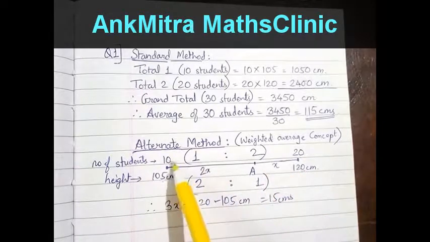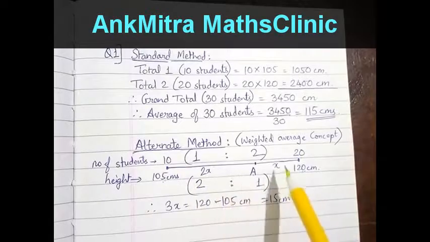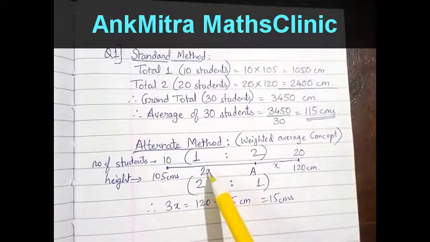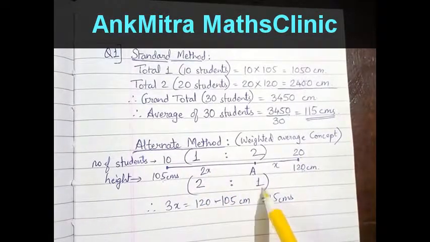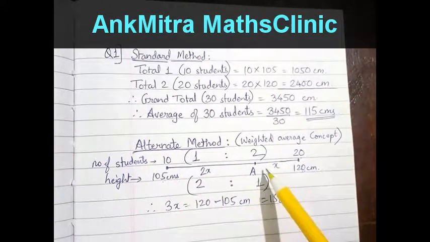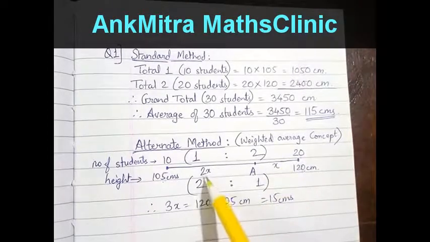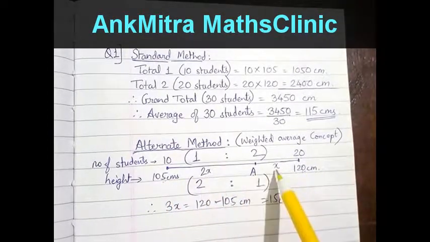So if the number of students are in the ratio of 1:2, the differences here will be in the ratio of 2:1. That means the difference between 105 and A will be 2x, and the difference between A and 120 will be x. So the total difference is 3x.